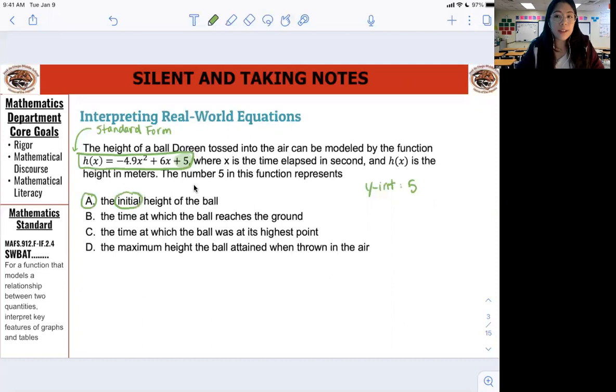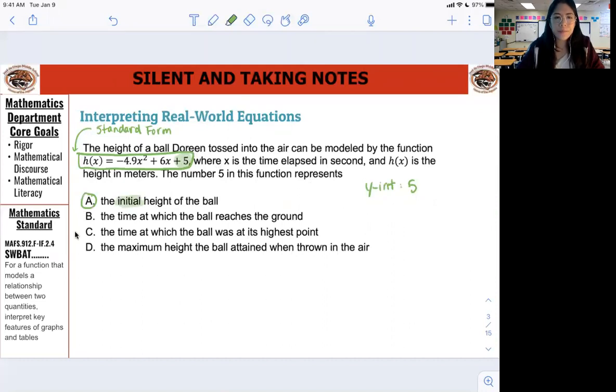So that's how easy this type of question can be, because at the end of the day, we're just looking for keywords, but you have to know what form it's in, and what that number is representing when you're in that form. So in this case, the 5 was the y-intercept. And then you think, okay, what does the y-intercept represent in this type of situation?